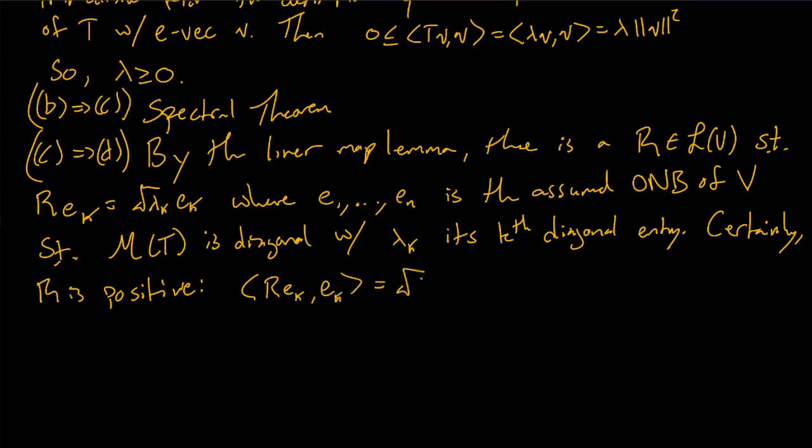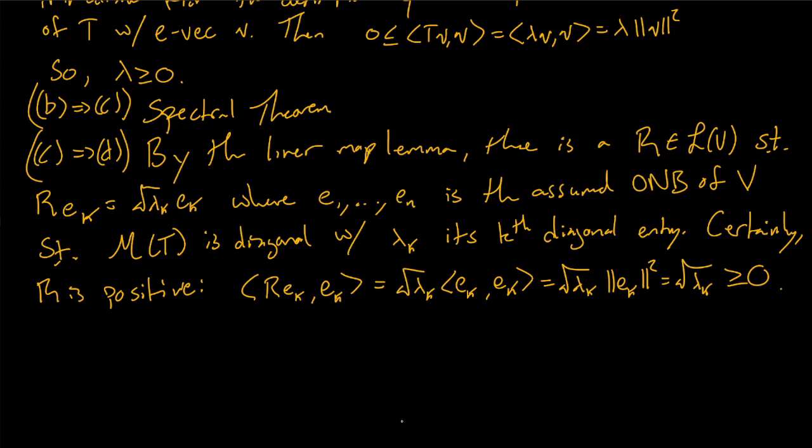I will get the square root of lambda_k times e_k inner product e_k. But this is just the square root of lambda_k, since this is an orthonormal basis and this is the norm of e_k squared. Bam. All right.